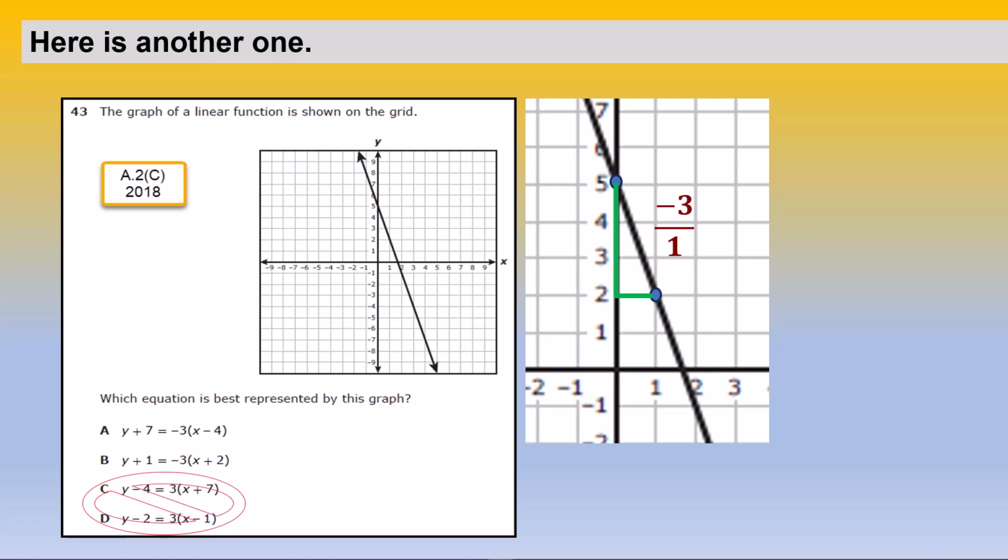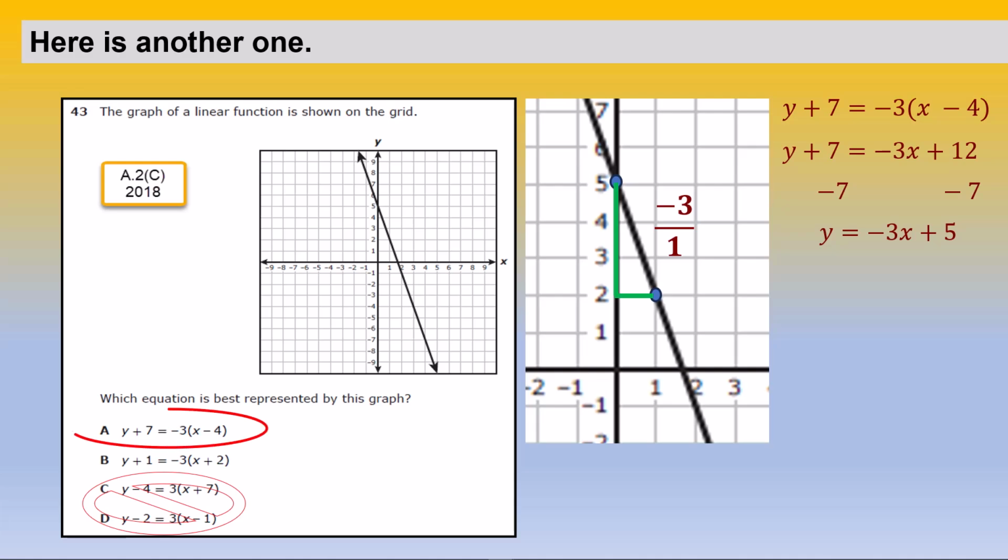This eliminates choices C and D because they have the wrong slope. They have a +3, leaving A and B to check out. We work through choice A and see that the resulting equation, y equals -3x plus 5, matches the graph, and so A is the correct choice. In looking at choice B, the slope is correct, but the y-intercept is -7, and that does not match the graph.